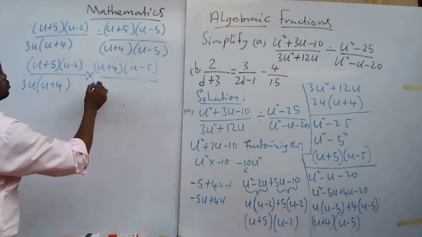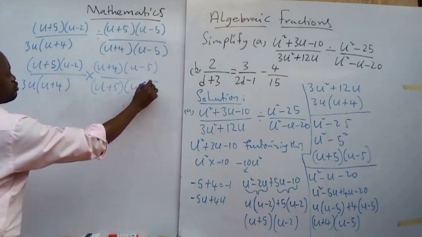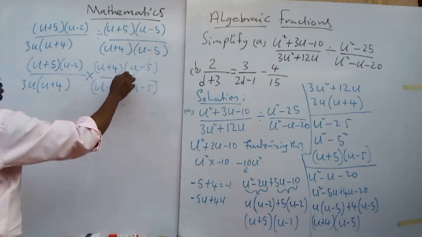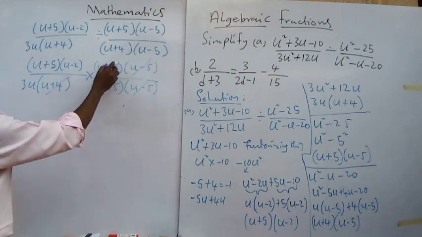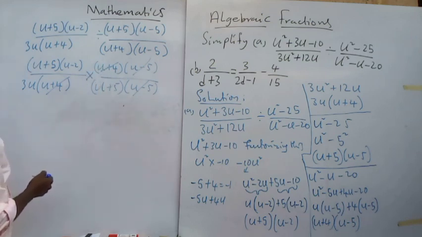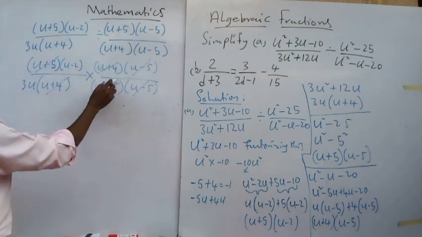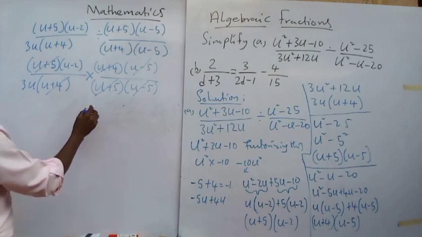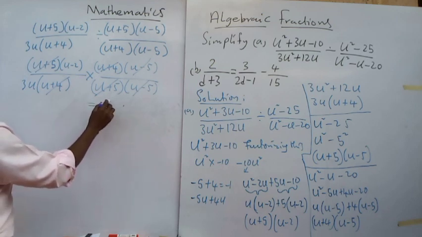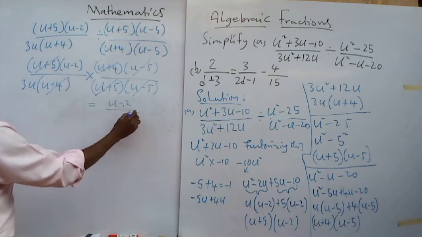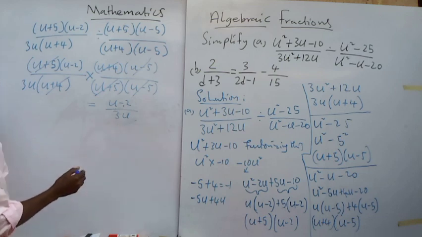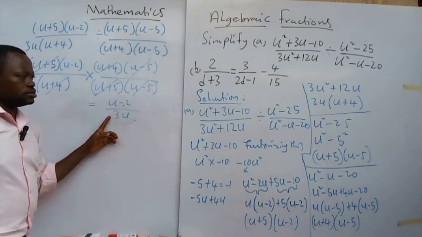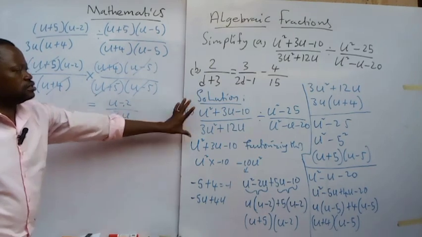Let's check what we can take away here and here. Take away u plus 5, and here, and yes, take away here and here. What is left over is u minus 2 all over 3u. And there's nothing that can still reduce them. So this is our answer, the result we obtained from simplifying this first part.